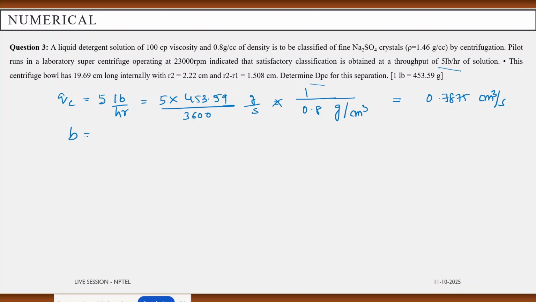Now all the details are given here. 19.69 centimeter, R2 2.22 centimeter, R2 minus R1 is 1.508 centimeter. Mu is given 1000. Not 1000, this is 100.